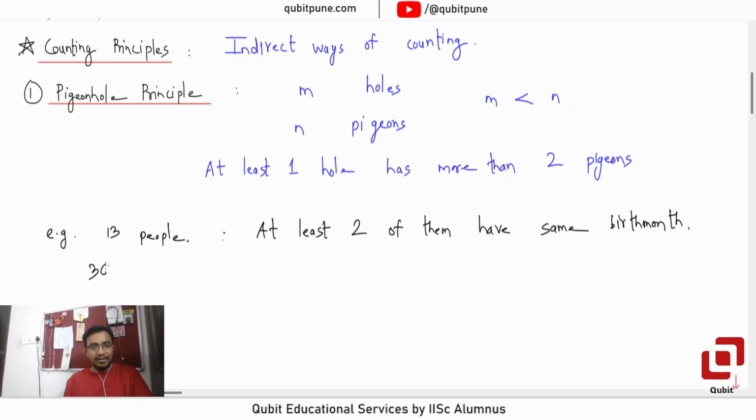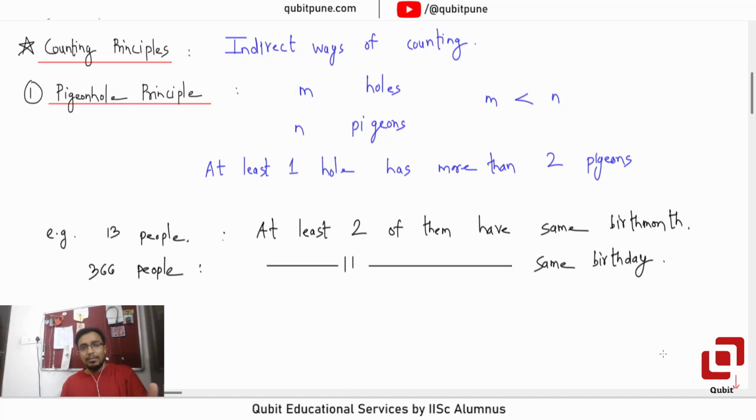And in a group of 366 people, what can we say? At least two of them will have the same birthday. Is it clear? That is a pigeonhole principle application. There are other applications also. For example, if you consider the population of non-bald people on earth, at least two of them have the same number of hair.